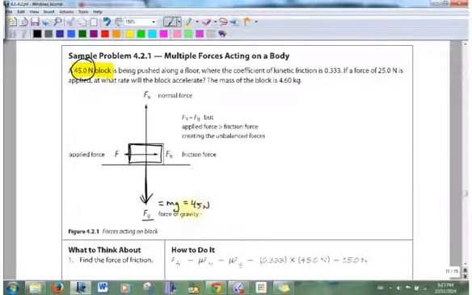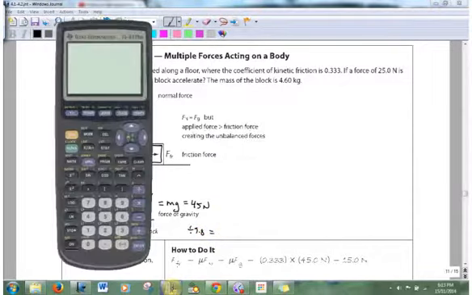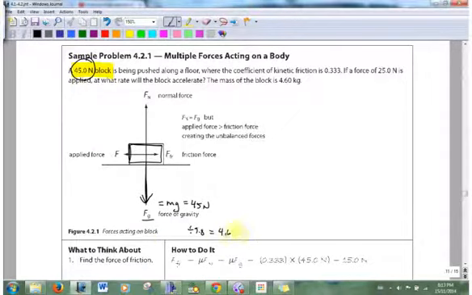If I divide this by 9.8, then my mass is going to be 4.6 kilograms. But they're telling me this in the question anyway. Normal force is equal to the force of gravity, because this thing isn't accelerating up or down, it's going sideways.